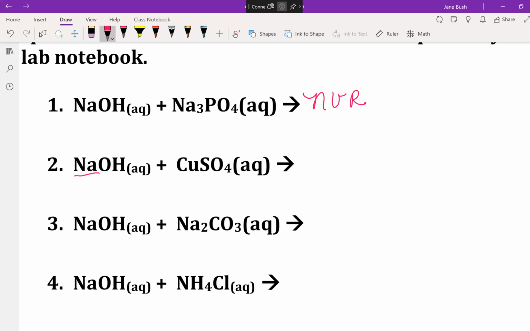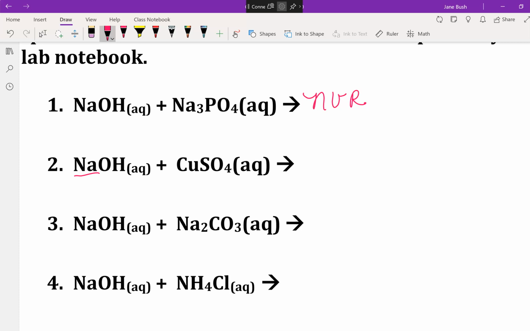That is -3. So we need 3 sodiums to balance out the phosphate. But over here, sodium's still +1 and nitrate's -1. Do we need 3 sodiums? It is not balanced. That is true. If we balanced it, it would take a lot longer, and you don't want me to do that.